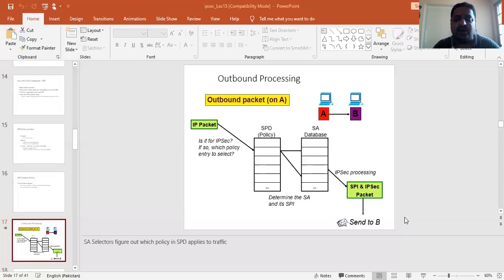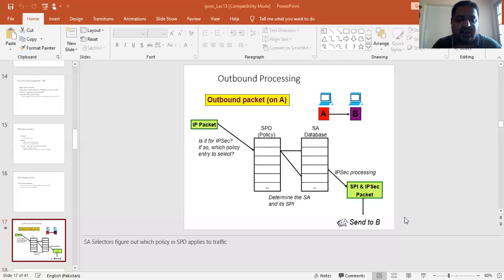These policies are listed in a file, or a list of files, or in a database that is called the security policy database, which contains further information about the different fields of these policies, for example in the security association database.